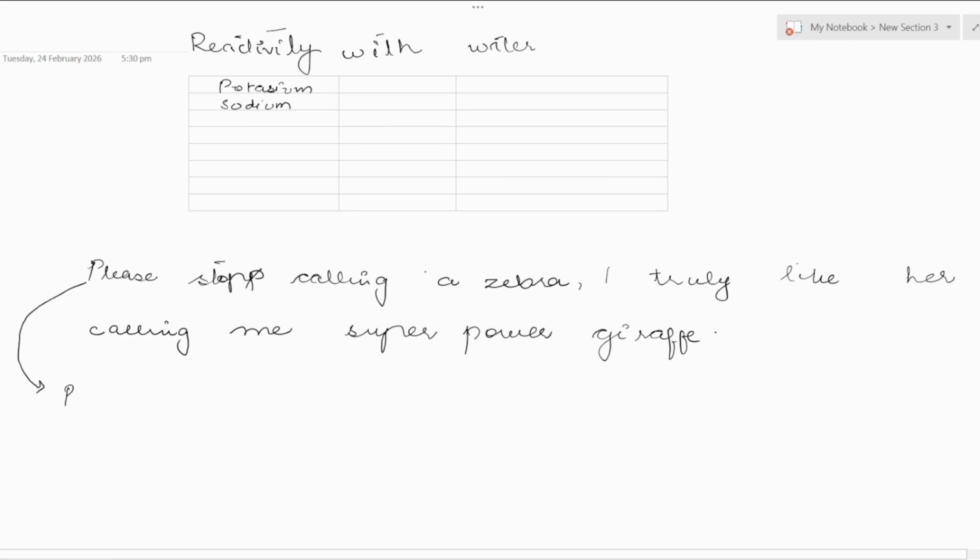Please stop calling me, I missed me. Calling me is calcium. Me is magnesium. This is group number 1, this is group number 2, this is group number 3, aluminum. And Z would be zinc.